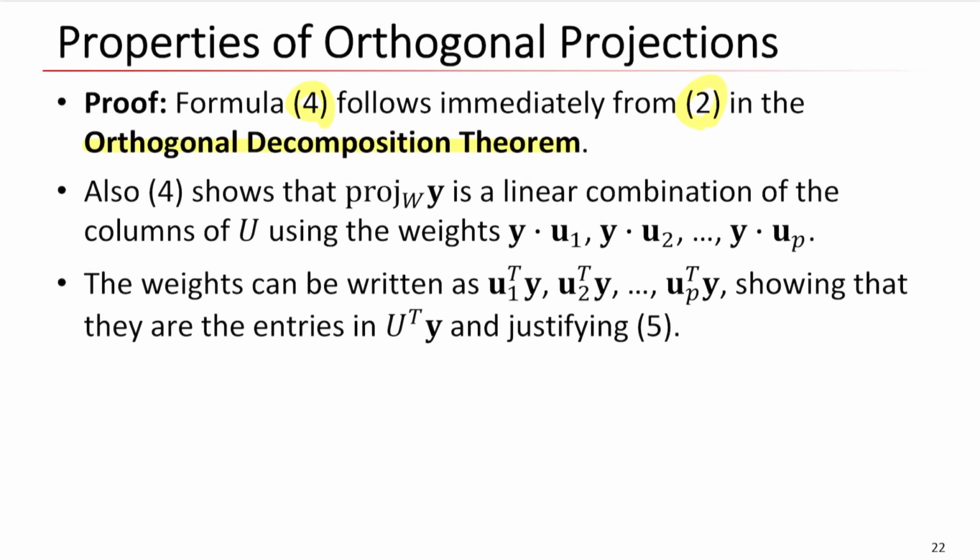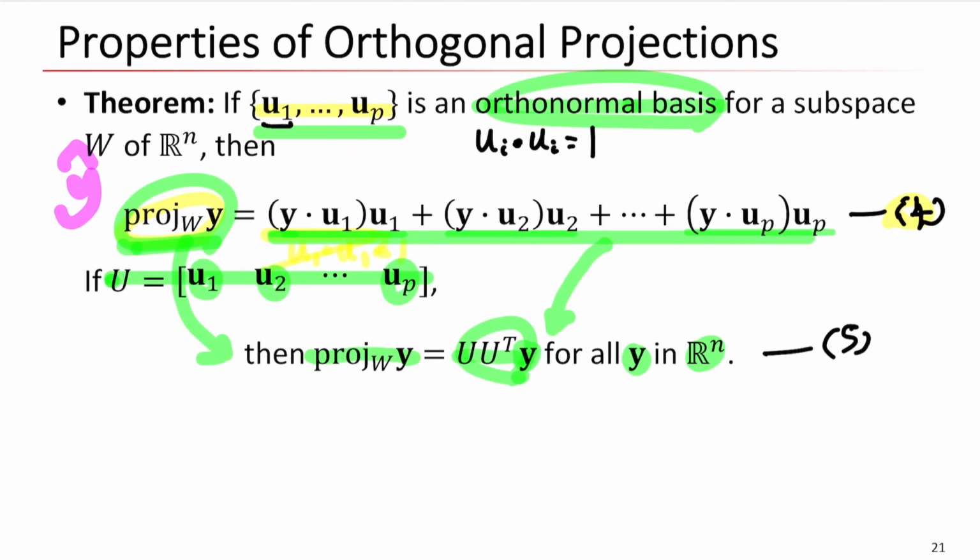And also formula 4 shows that the projection of Y onto the subspace W is the linear combination of the columns of the matrix U using the weights y inner product U1, y inner product U2, and y inner product UP, right?